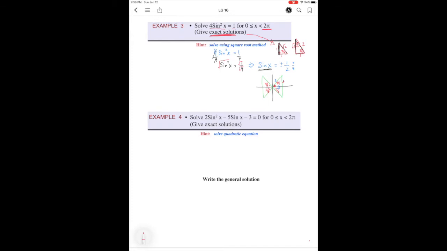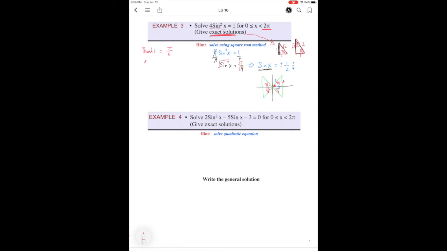Now the last step is we have to find theta. Because we're in 4 quadrants, in quadrant 1 the answer is pi over 6.